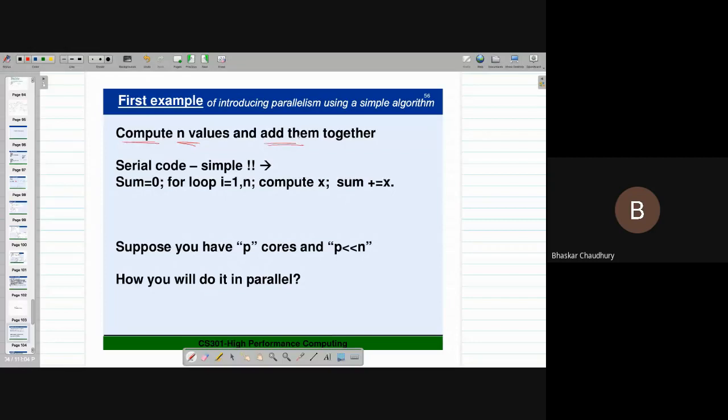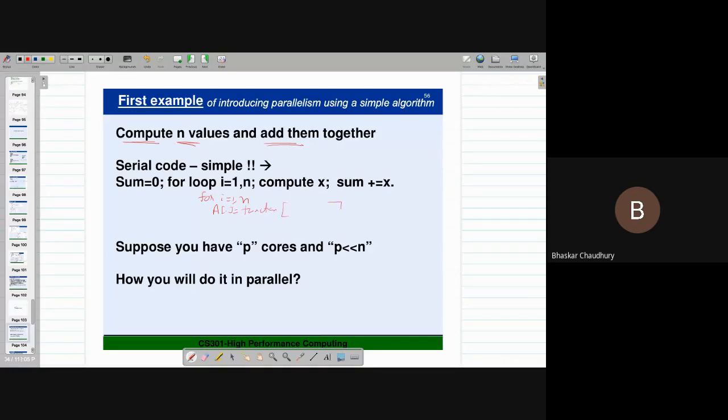If I look into the serial code, it's very simple. We can create some serial code like for i equal to 1 to n, and if I want to store the result, I can say a[i] is equal to some function, the output of that function.